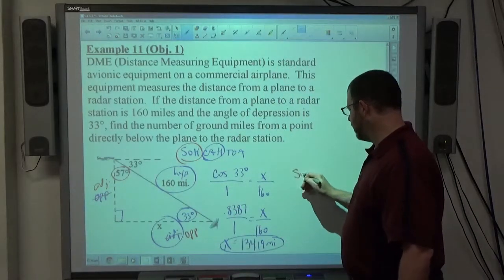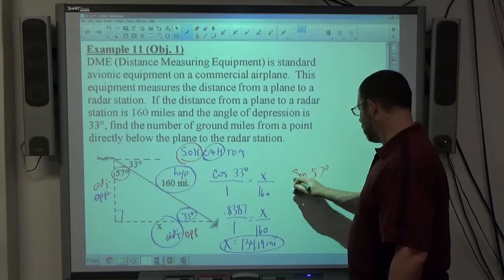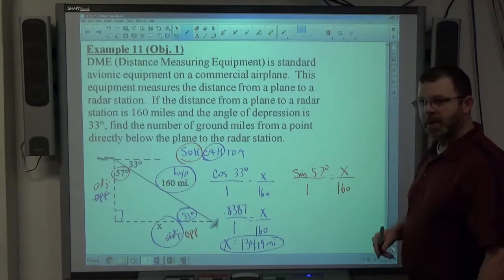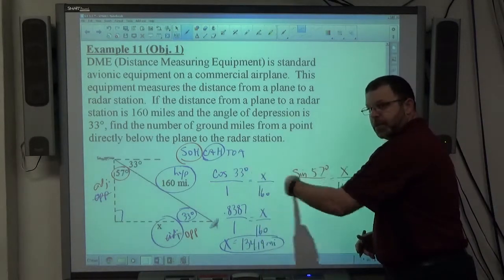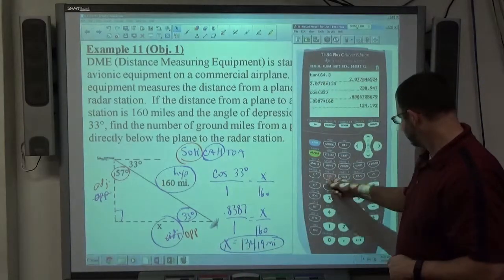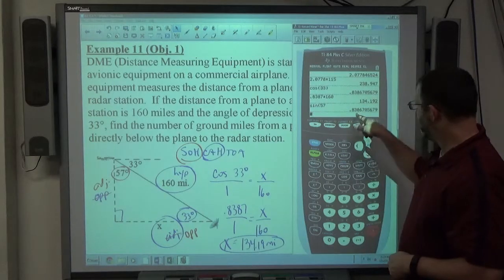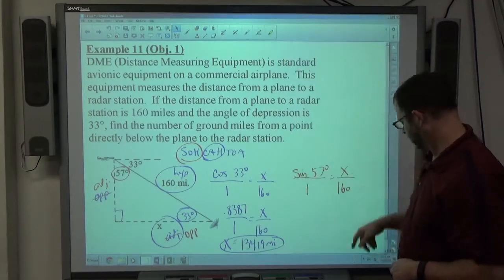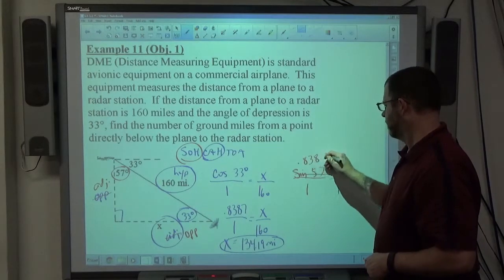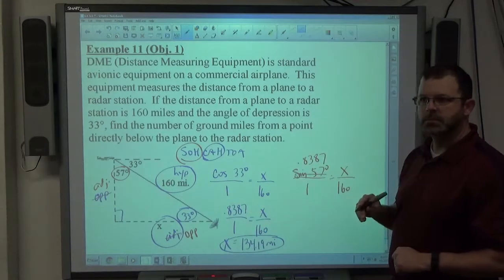That gets me sine of 57 degrees over 1 equals opposite over hypotenuse. Different, right? But if I type in my calculator sine of 57, it's 0.8387. Get the exact same expression.